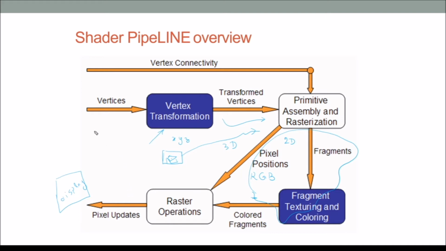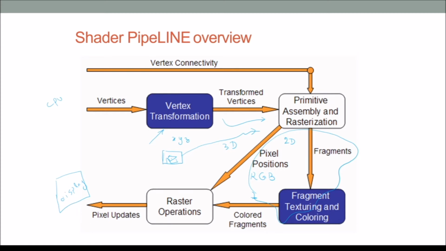So here is your CPU data, and you pass that to your vertex shader, handle that through the rasterization, and come into the RGB coloring setup, and then from there you just put it out to the screen.